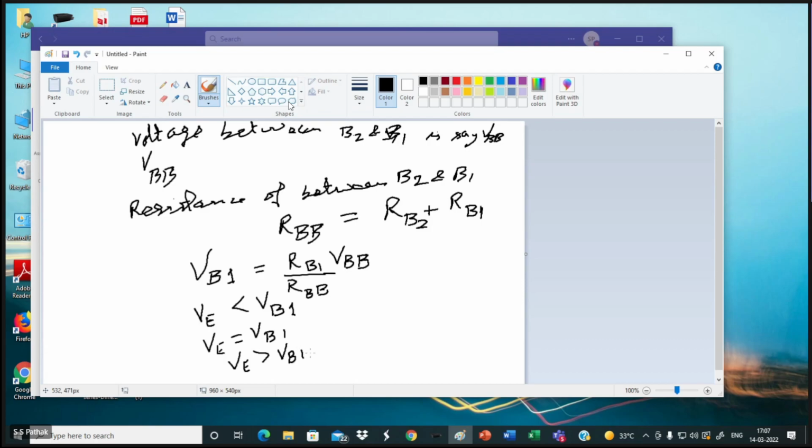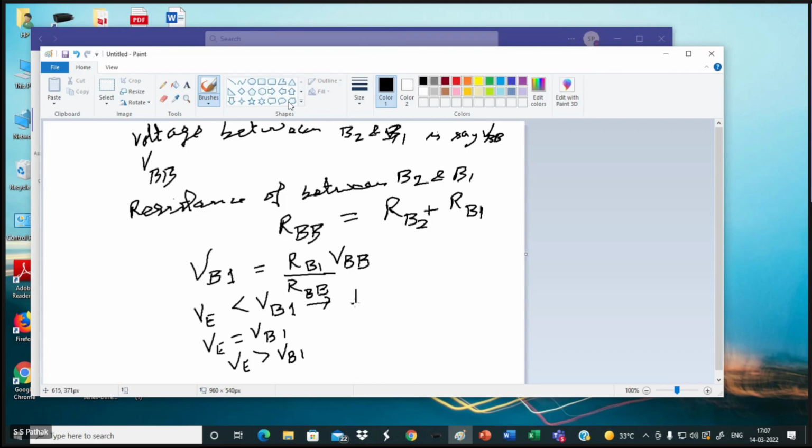In the three cases, what is going to happen? If VE is less than VB1, that means the emitter and B1 junction, this PN junction, is reverse biased, because aluminum is P type and the silicon rod is N type. So reverse bias.